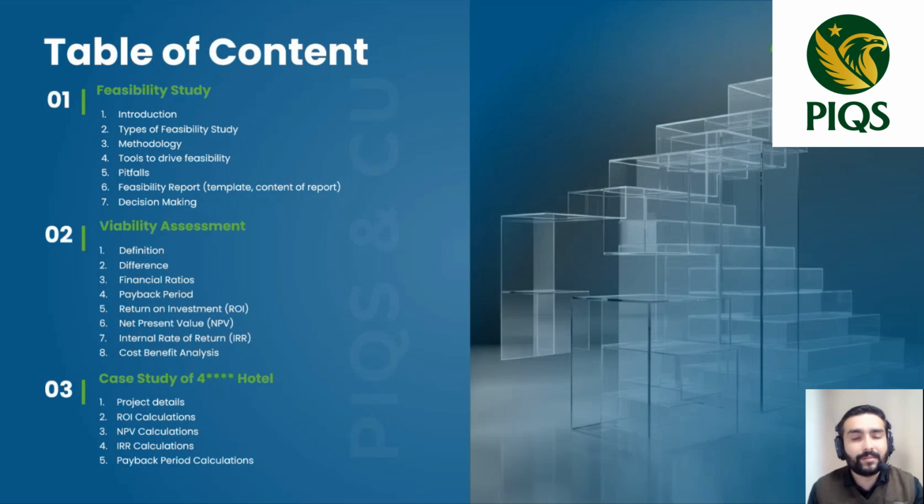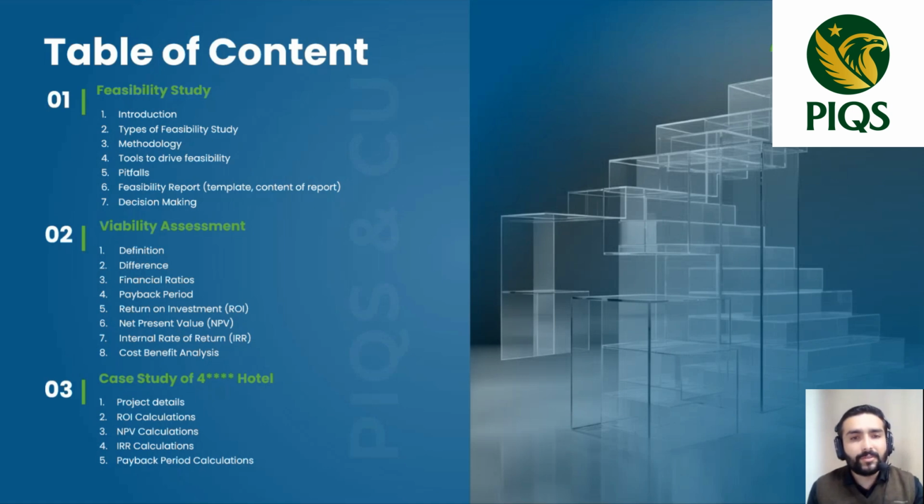Then we will discuss the viability assessment, focusing on key financial ratios such as payback period, ROI, IRR, and NPV. Finally, we will analyze a hypothetical case study of a four-star hotel, including project details, ROI calculations, NPV calculations, IRR calculations, and payback period calculations.